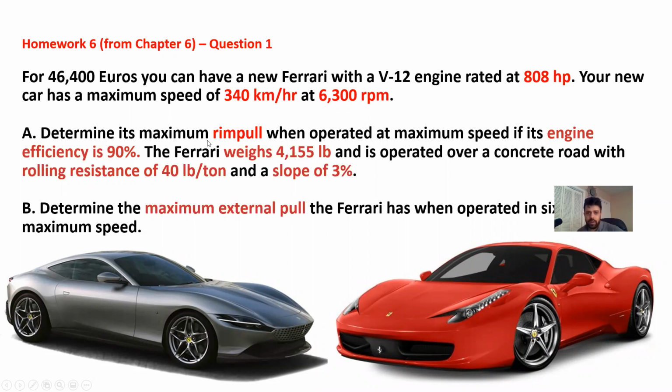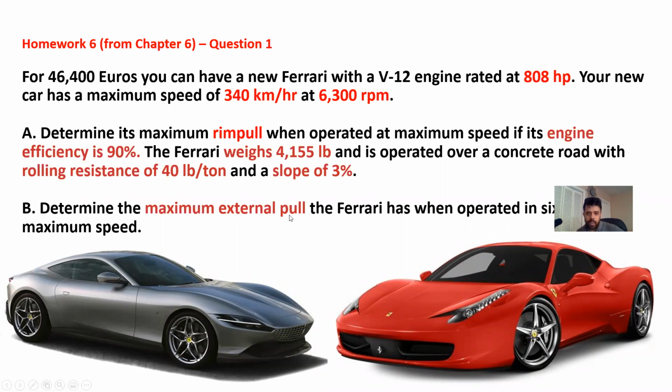The Ferrari weighs this much, this is the weight of the machine, and is operated over a concrete road with a rolling resistance of this much and a slope of this much. So the rolling resistance is given, but not in the equivalent gradient, but in pound per US ton, and the slope is also given. Determine the maximum external pull.